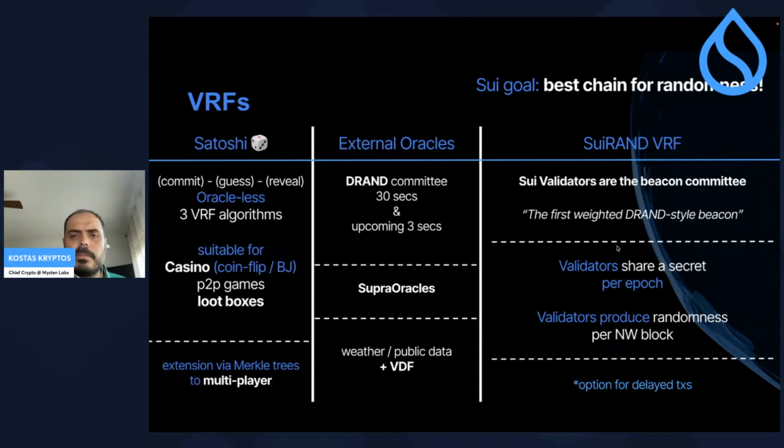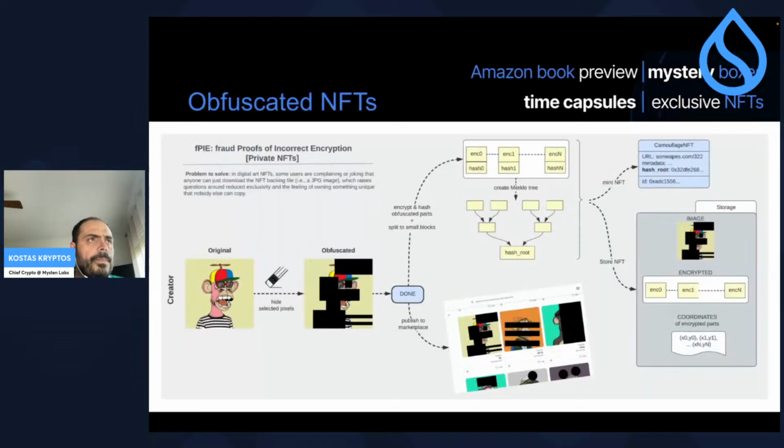I don't believe many of them are doing it correctly anyway. We managed to break a few random beacons, not break, but prove that they are biased. And in SUI, you will need 50, 51% or anything more than the majority to be able to support secure beacons for your applications.